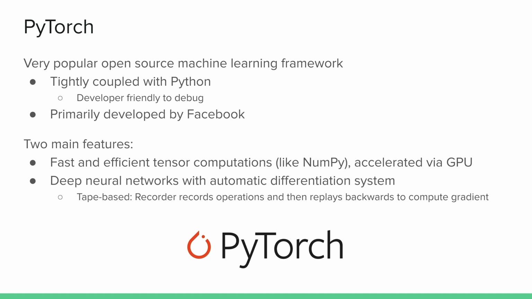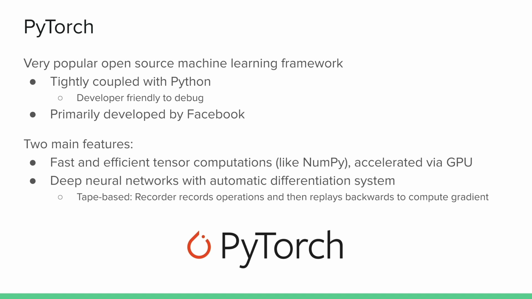So it's fast and efficient tensor computations that we're doing all of the time. We're using some tensors, some input matrix, and then running it through, computing this, and it can accelerate this with the GPU. And the second thing is that it allows us to train deep neural networks with automatic differentiation.